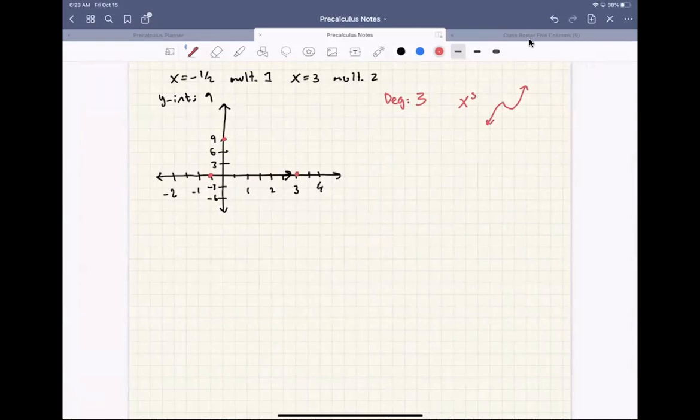So that means that when we draw our graph, we're going to cross at -1/2, which was right here, and we're going to touch at 3, right? And then you're going to go to here, and then we're going to go down, and then we're going to go back up.